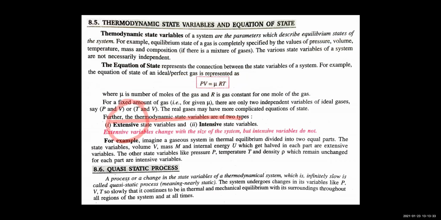Now children, these state variables we can classify into two. First is extensive and the other is intensive state variables. Extensive state variables are those variables which change with the size of the system, right? For example, we have studied the density of water. The density of water is about 1000 gram per centimeter cube.